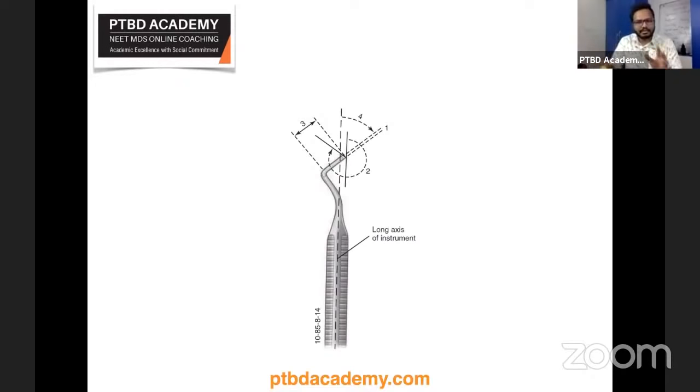So what do these numbers represent? Instrument formulae as such are very, very important. In fact, we posted a list of various instrument formulae of various hand instruments in our E-classes conservative section. You can refer to that for more information regarding instrument formulae in specific. So identify 1, 2, 3, and 4.